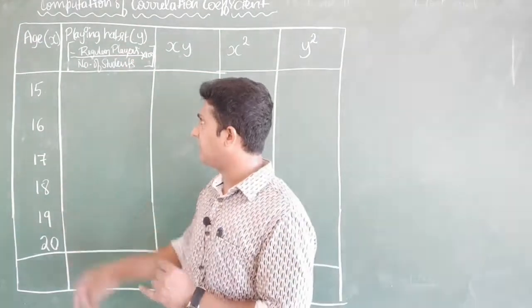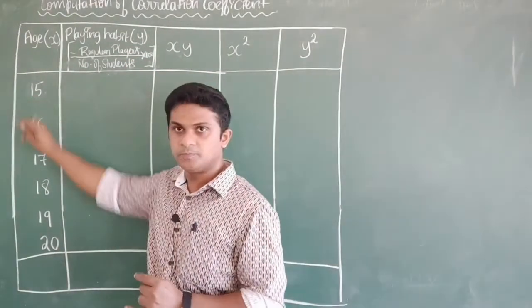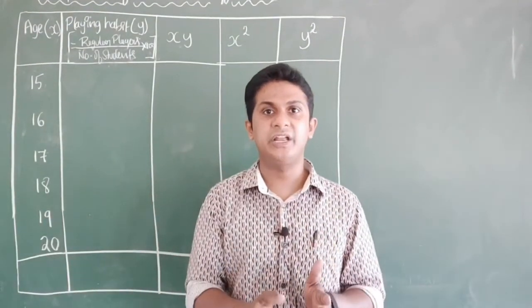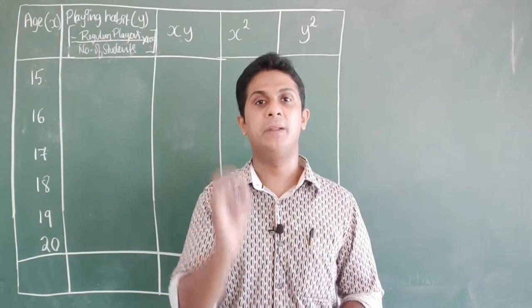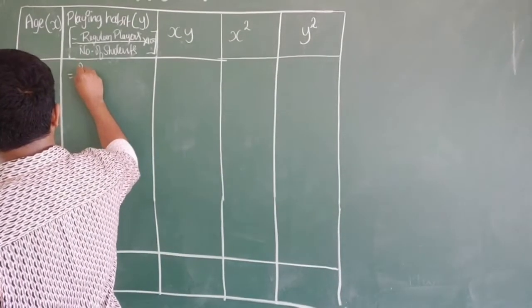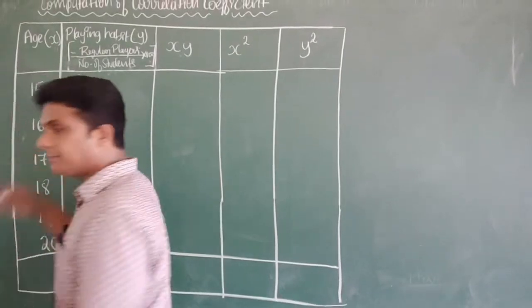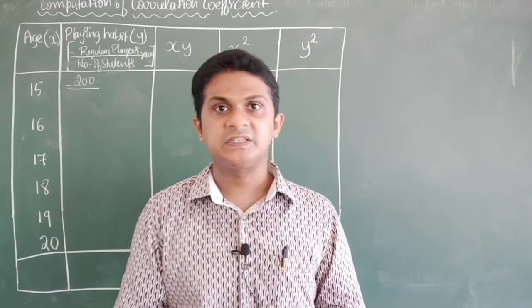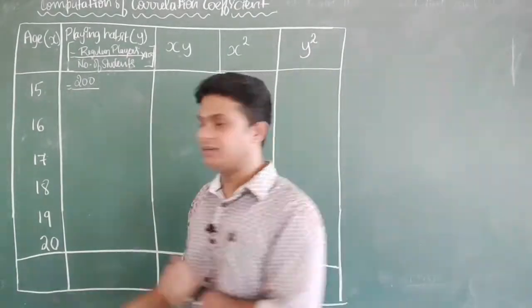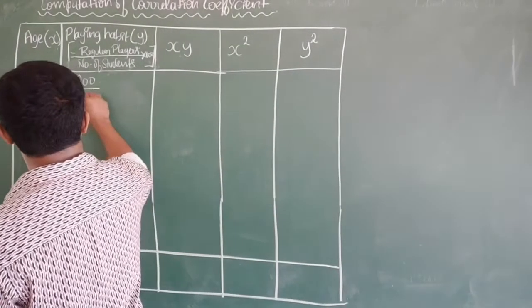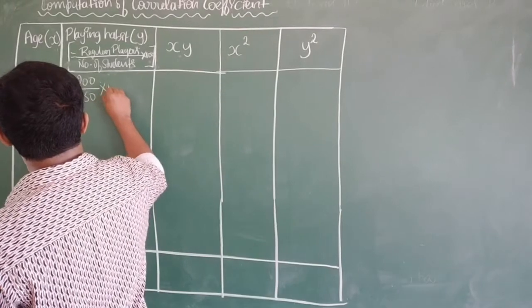So for example, in the first age group, the number of students who play regularly, nothing but regular players, that value is 200, divided by the number of students in the 15-year age group, given in the question, that is 250, into 100.